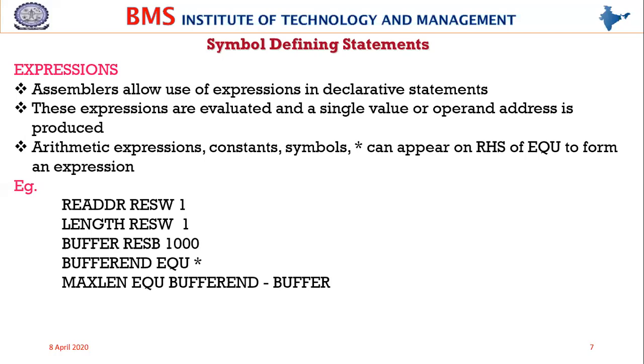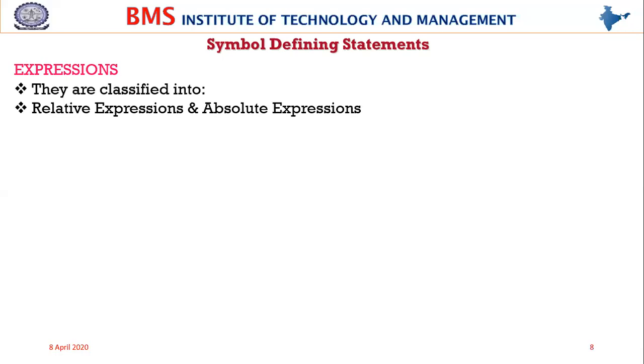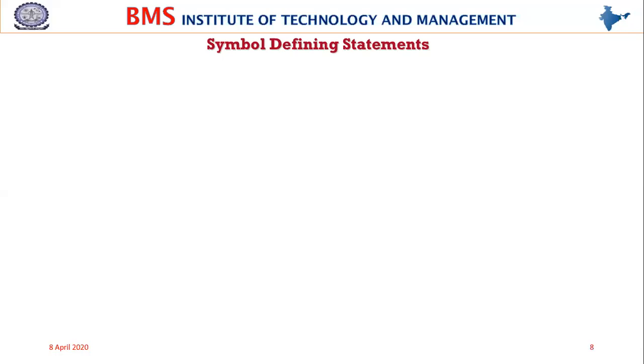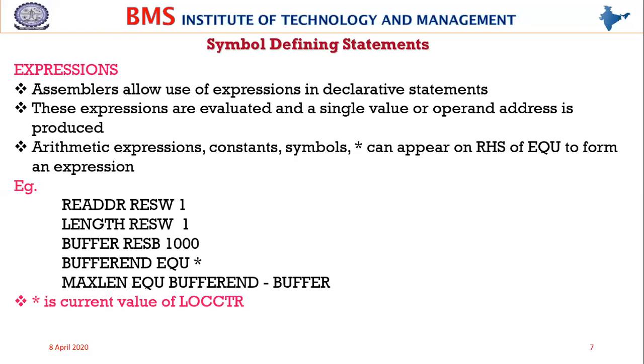Let's see the calculation. Suppose, for example, read address is allocated memory at 1000. Then length will be allocated memory at 1003, because one word consumes 3 bytes. After length, the next address is going to be 1006.